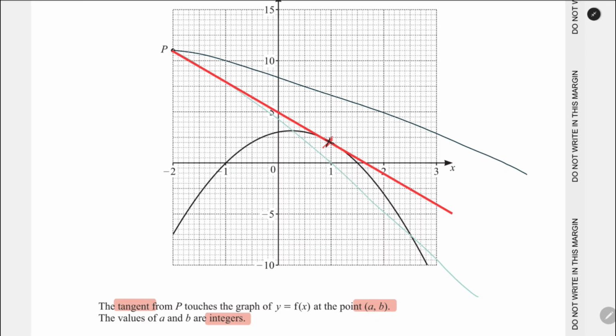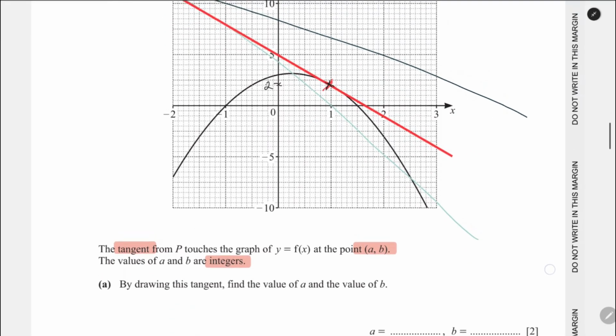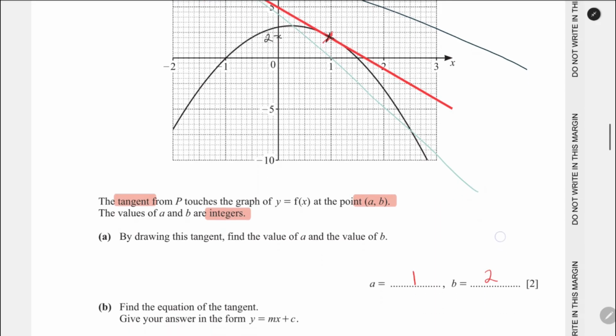If I count how many boxes this will be, 1, 2, 3, 4, the value here is actually 2. So my x coordinate is 1, meaning a is 1, and my y coordinate is 2. I hope you understand that.